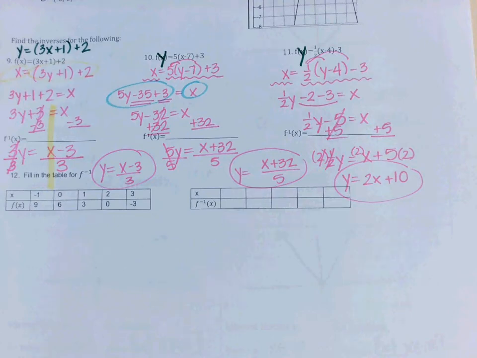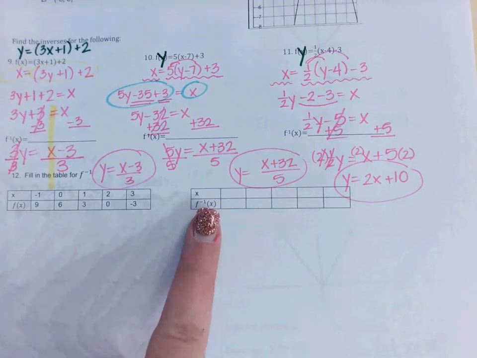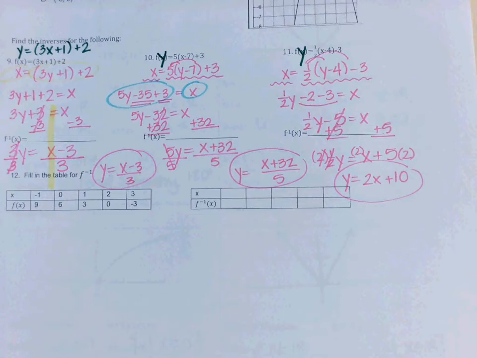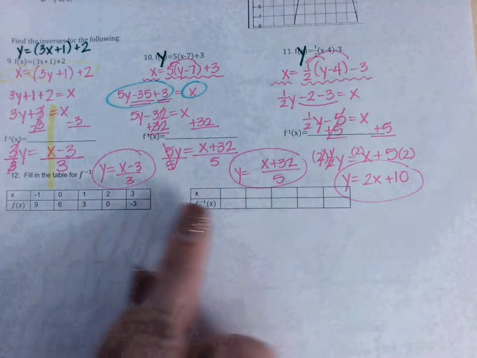Okay, the very last one, if this is f of x and this is f inverse, what should be true about each ordered pair in the table? They should be what? For the inverse. They should be backwards. So if the first point's negative 1, 9, what should the new point be? Over here.